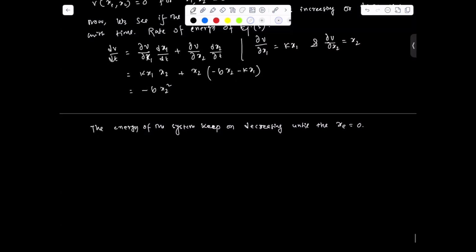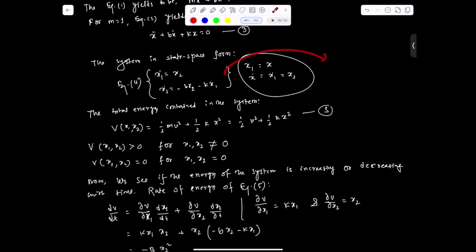So why is the equilibrium condition 0? Because from this equation, we can write the equilibrium condition. From this expression, x1 dot equal to 0 gives x2 equal to 0, and from the second equation x2 dot equal to 0, and since x2 equal to 0, x1 equal to 0.